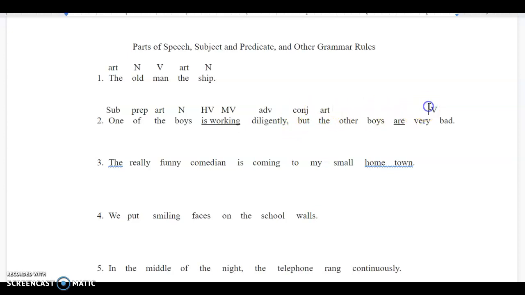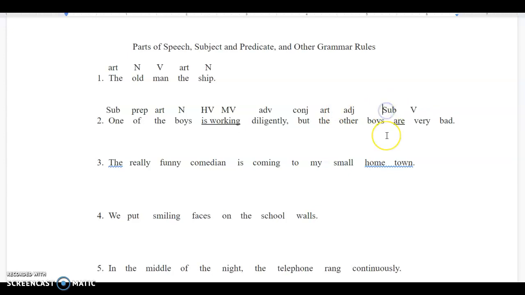Okay. Now, other boys are very bad. So we have are is your verb. Who, right? Subject. Who's, are very bad. It's the boys. So boys is my subject, and it's also a noun. Other boys. You're describing the boys. So it's an adjective.